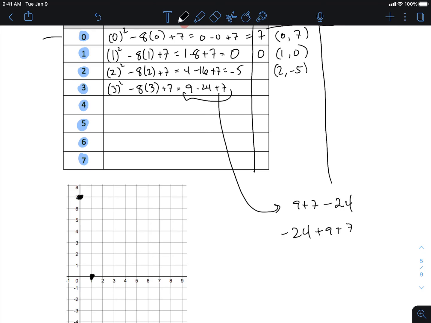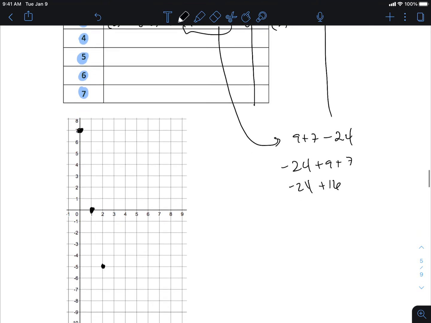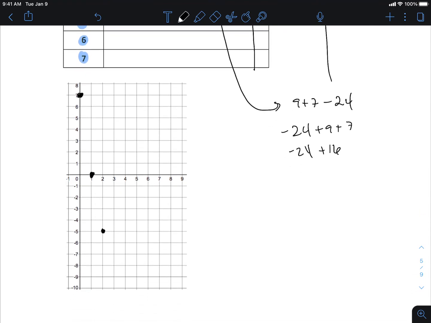So 9 and 7 is going to be 16, right? Negative 24 plus 16, okay? Negative 24 plus 10 should be negative 14 plus another 6 should be negative 8. Okay? So you're going to go find 3 and negative 8.